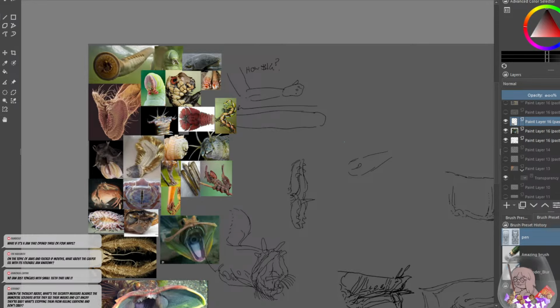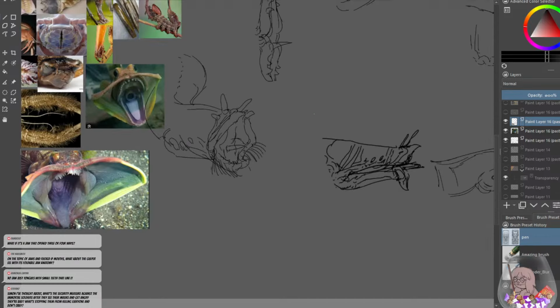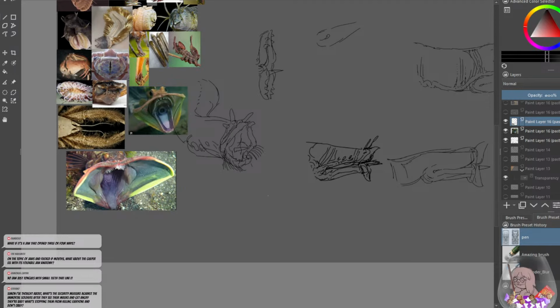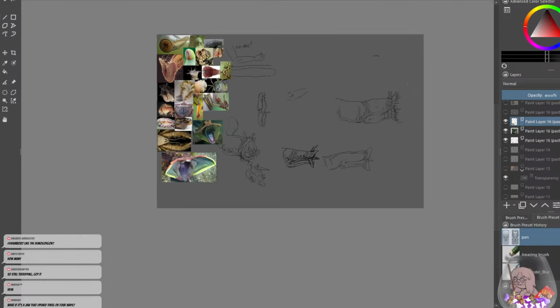No jaw, just tongue. Hmm. Maybe? Nah. I need the jaws.